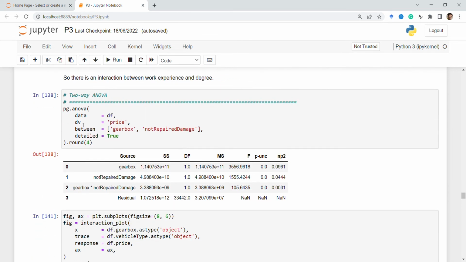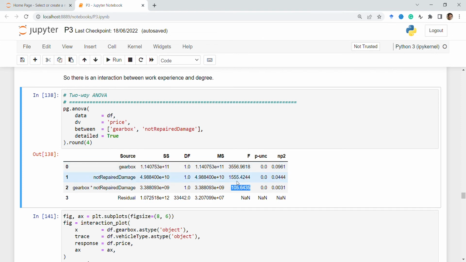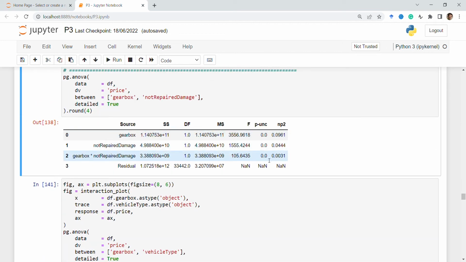So yeah, we construct our model, and then we get that the gearbox is the most explanatory variable, not repair damage too. The interaction between the two is also significant. You see that all the p-values are 0 or very close to 0, but the F is not that important. So the two most important variables by far here are gearbox and not repair damage. There is an interaction between the two, but it is not a very strong interaction, although it is significant.